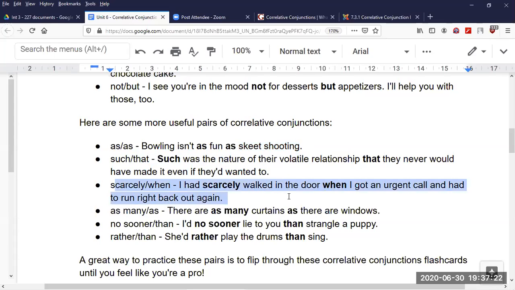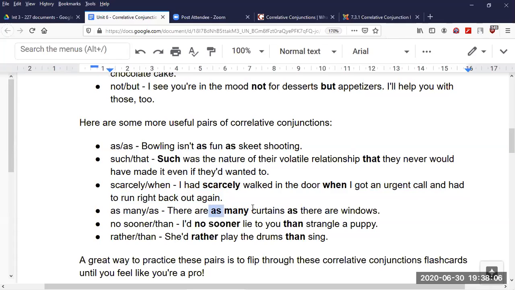Same with scarcely. As many as, that's quite common. That's when we're talking about quantity. When we compare two quantities. So there are as many curtains as there are windows. So this is, again, similar to as, something as, but we're not using an adjective, and we're using many to express a quantity.